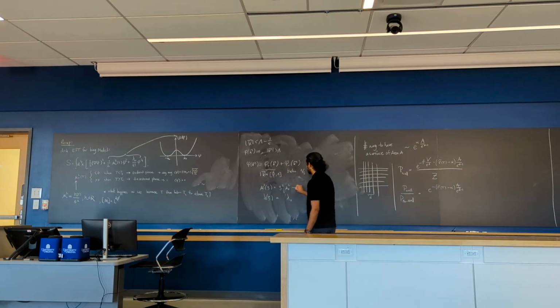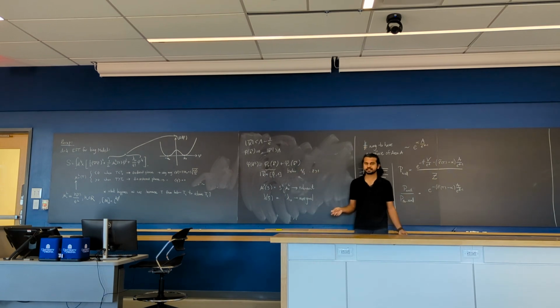So we called this relevant because as we increase zeta, this becomes larger and larger. And this we call marginal because as we increase zeta, nothing happens naively, right?